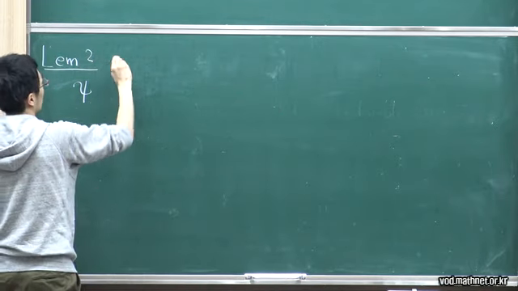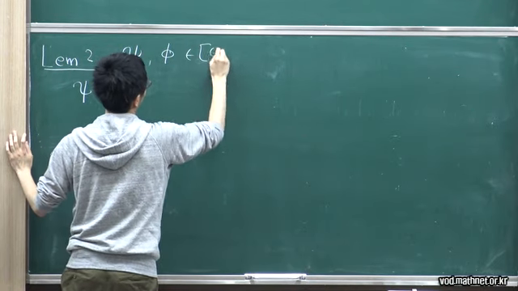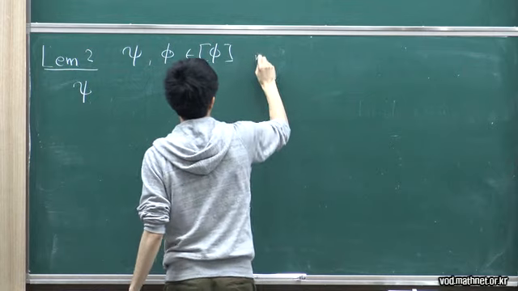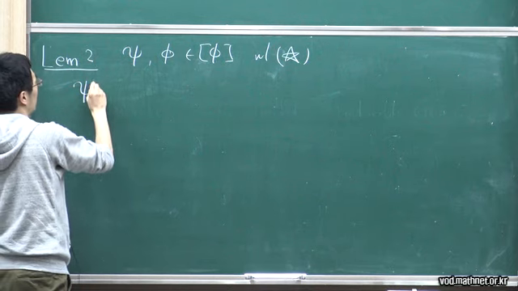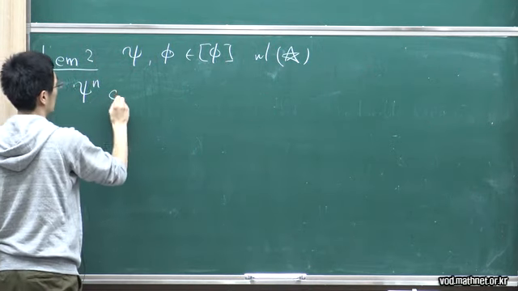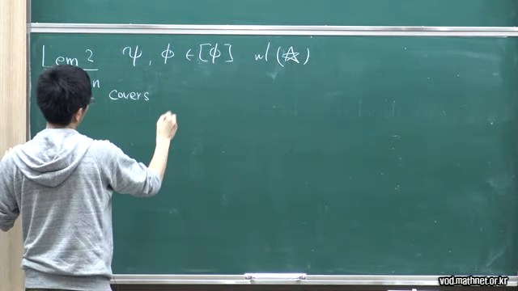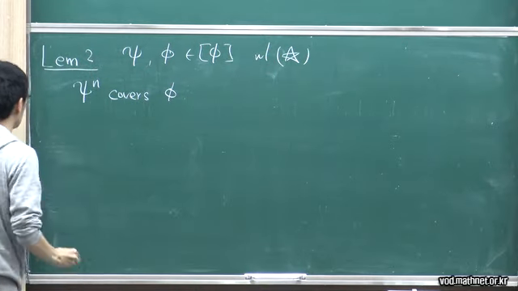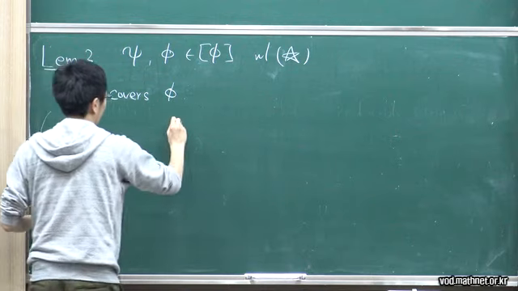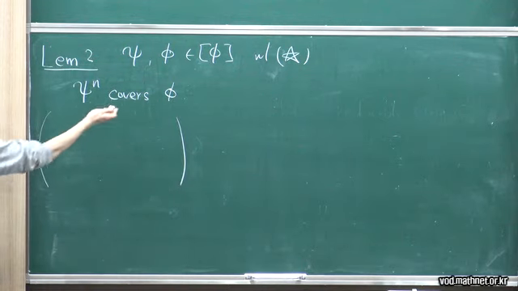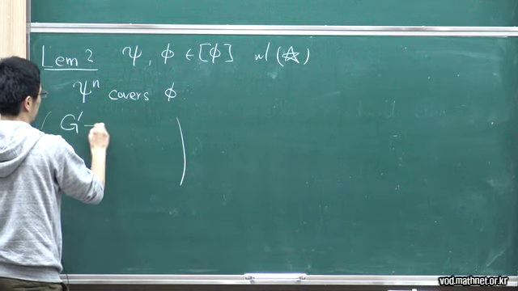So suppose phi is in some commensurability class, and I always assume star. And suppose psi to the n covers phi. This is a side story, but if this situation happens, then we can find a train track representative.